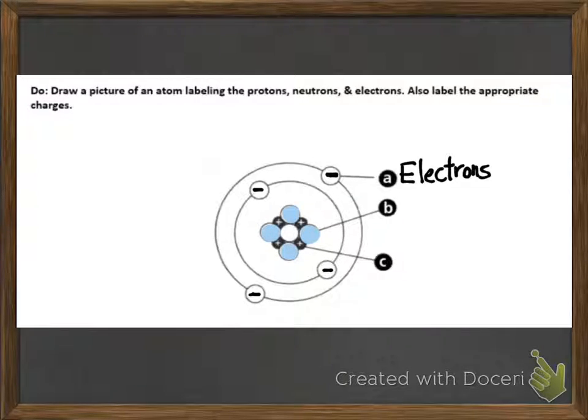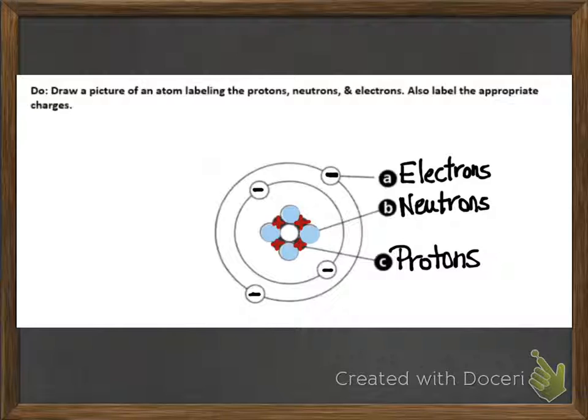Next, you see the things I've shaded blue. Notice they don't have anything inside their circles. They're neutral, so we call those neutrons. And last but not least, we have these positive protons, which are actually what make the atom the element that it is.